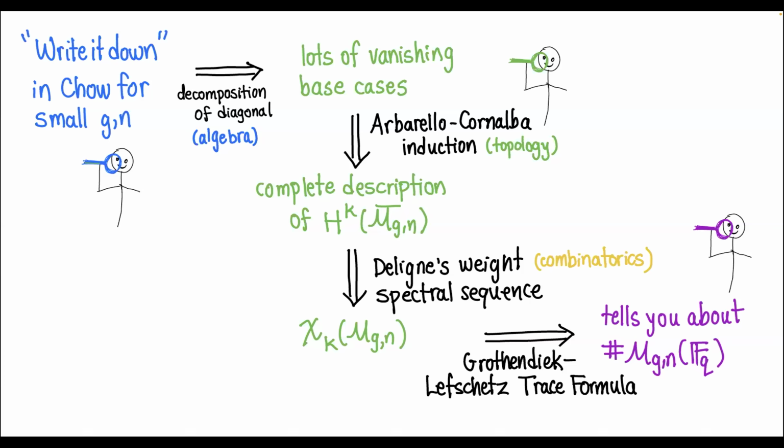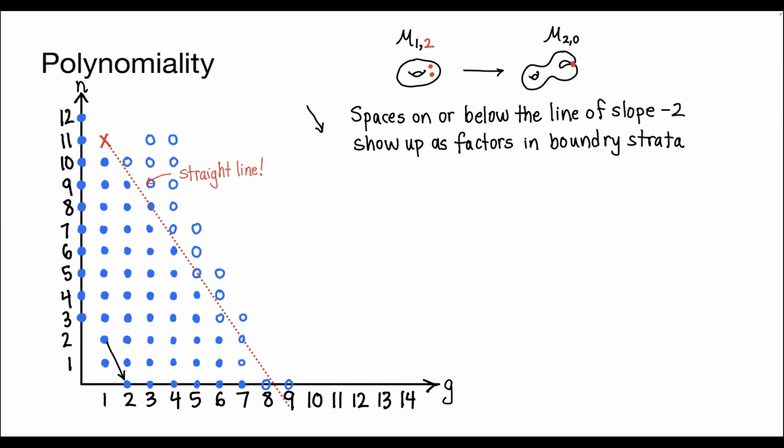I'll just end the talk with one more slide about what goes into proving the point counts are polynomial. So if you think about this chart that I've used with G going horizontally and N going vertically, the most natural slope of a line in this chart is -2.